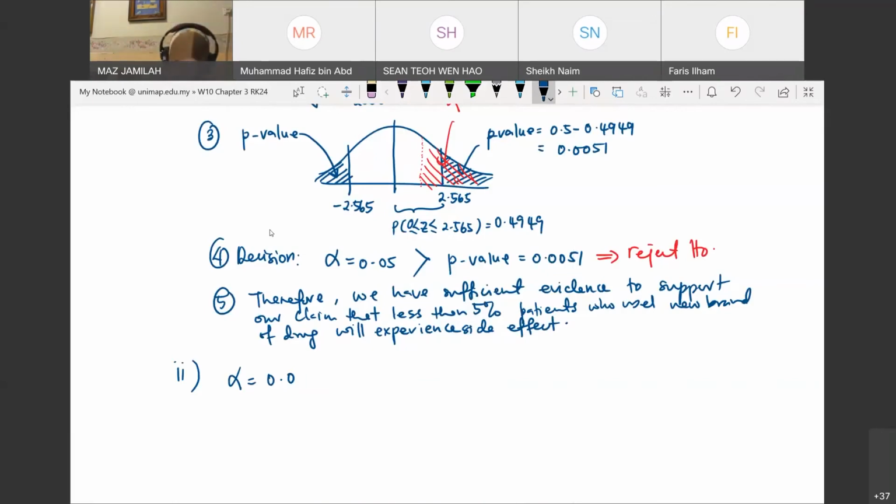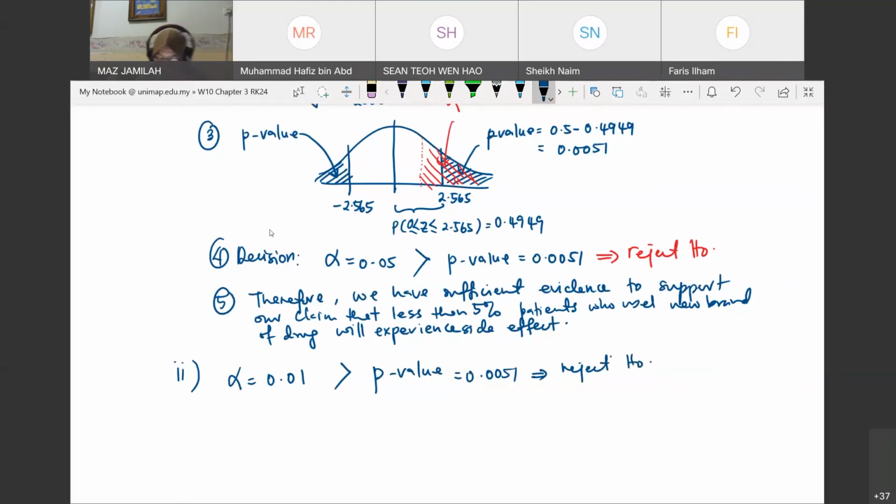Our p-value is 0.0051, which is still smaller than alpha. So in this condition, we still reject the null hypothesis.